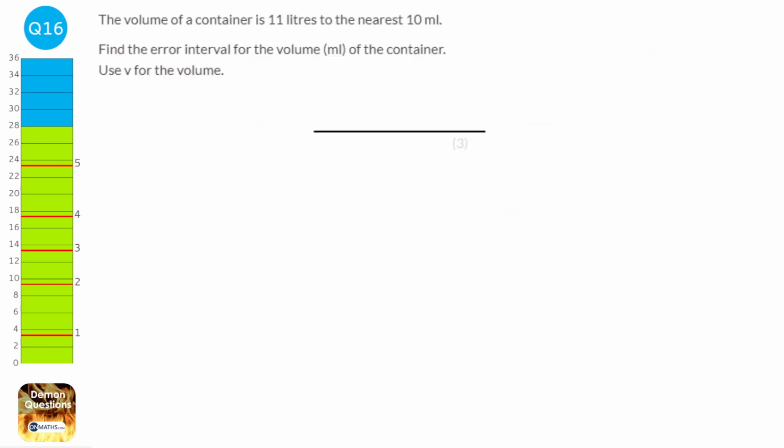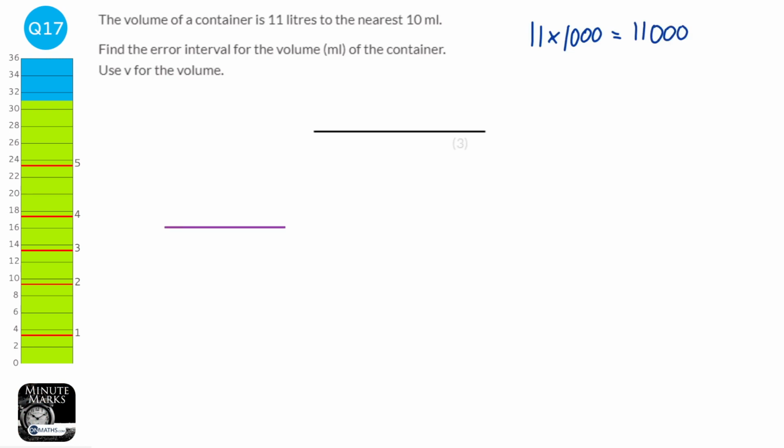74.99. So we're going to first of all convert the 11 litres into millilitres. So we're going to do 11 times 1,000, which would be 11,000. Okay, so we're going to just draw a line, like a number line. And we're going to have the 11,000 in the middle.